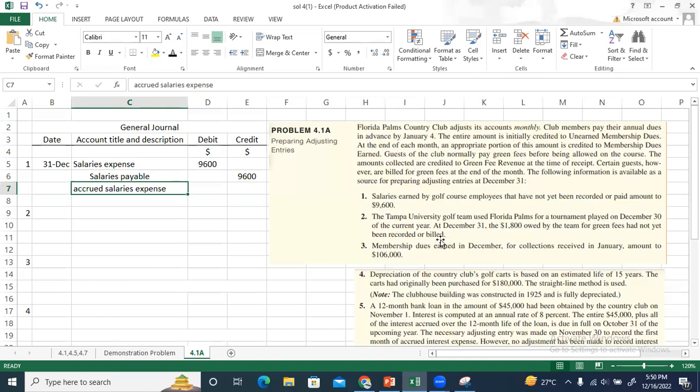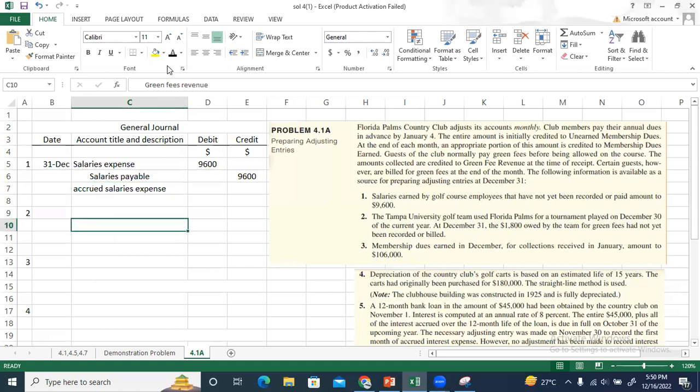So the golf team has used the club. Because they have used the club, this is an income for you, regardless of whether they have paid or not. They have already played the tournament on your club.